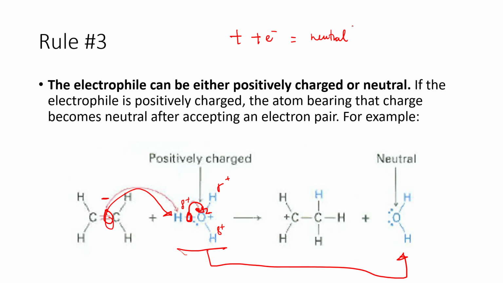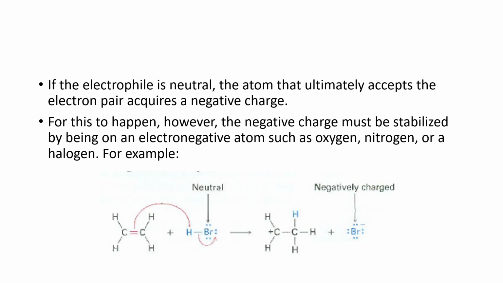The opposite is, again, true. If the electrophile is neutral, the atom that ultimately accepts the electron pair acquires a negative charge. For this to happen, the negative charge must be stabilized on an electronegative ion or atom such as oxygen, nitrogen, or a halogen. Take for example this, again, ethylene is neutral. However, it has a slight positive charge and a slight negative charge in the middle. It will grab hydrogen.